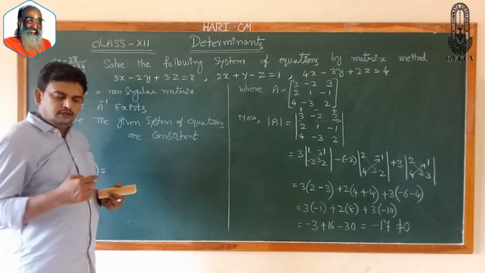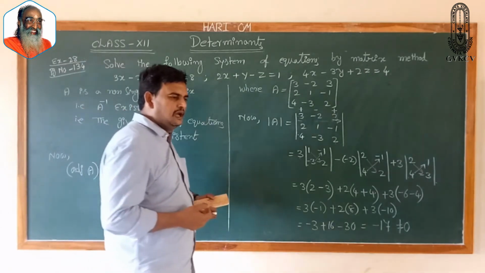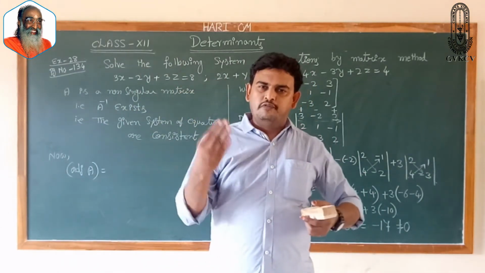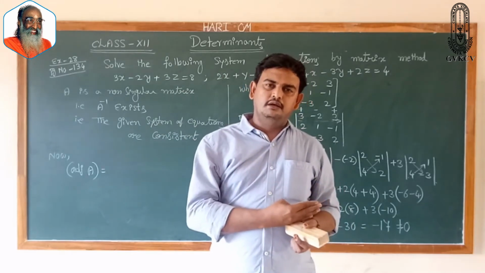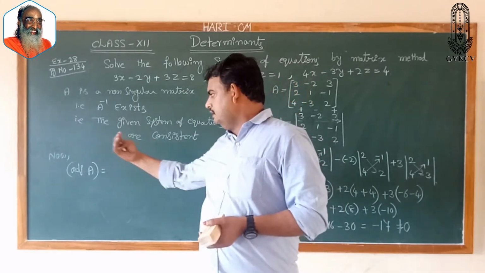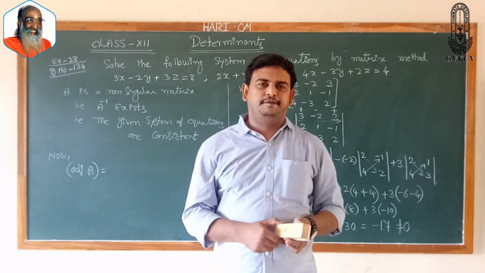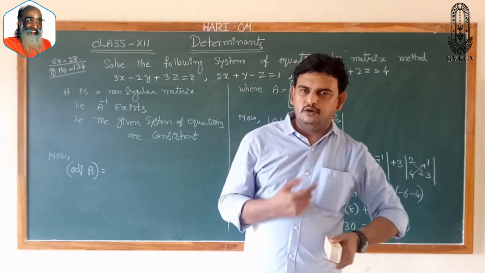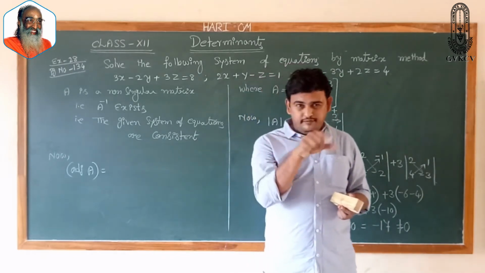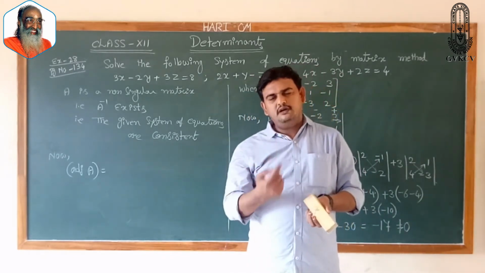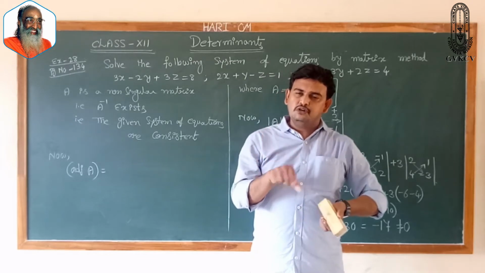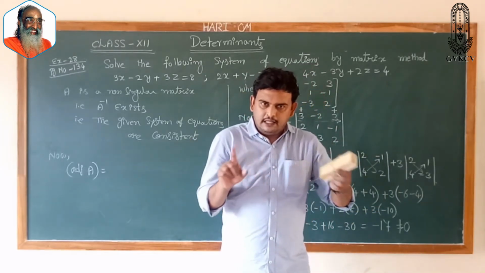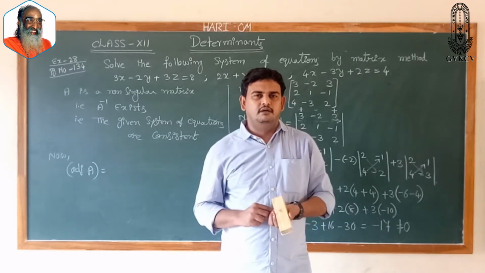Earlier, we calculated the adjoint of A by finding cofactors for every element. Then we frame the adjoint of A matrix. That is the procedure we know. First we find cofactors, with that we have a matrix. Transpose of cofactor matrix is nothing but adjoint of A. That lengthy procedure we are having.